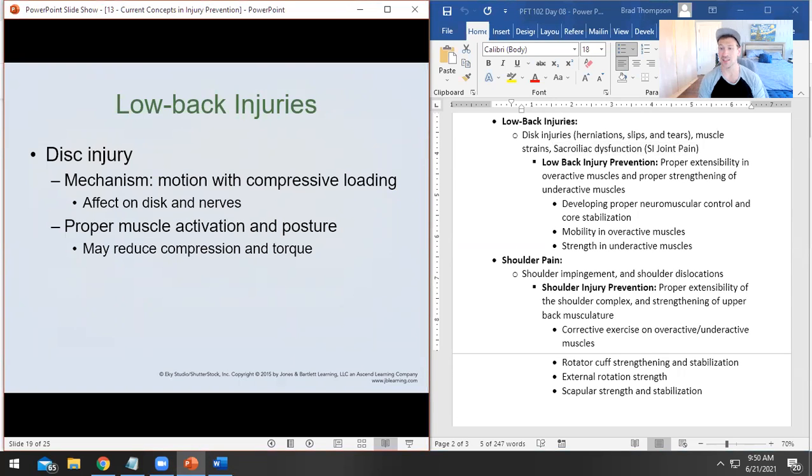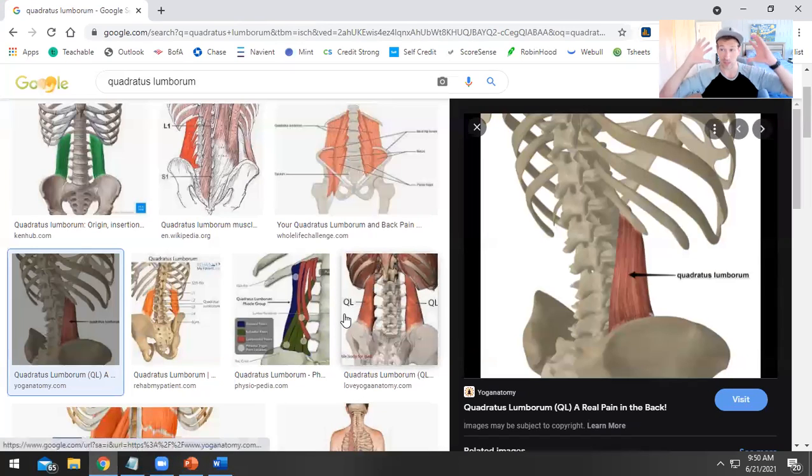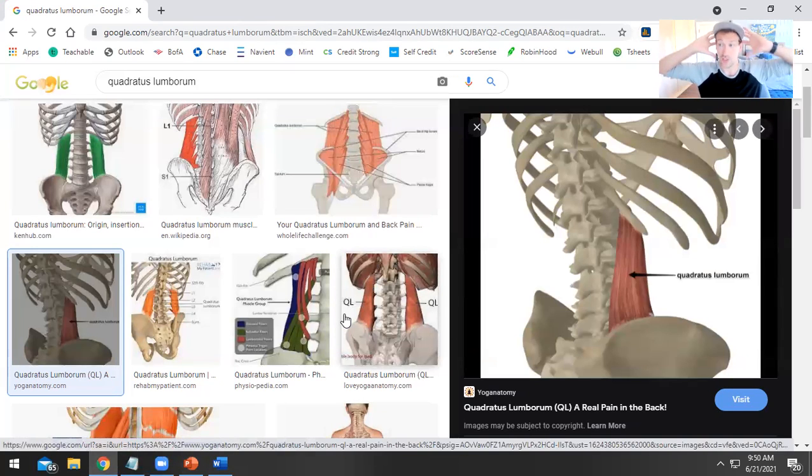We need proper extensibility. We need proper mobility of the spine. And we also need proper stability. So many people will go, oh, I have a weak core, and then they'll go straight to doing lots of crunches, right? And it's like, well, now you're focusing on strengthening the core that moves your spine, but what are you doing to strengthen the core that stabilizes your spine?